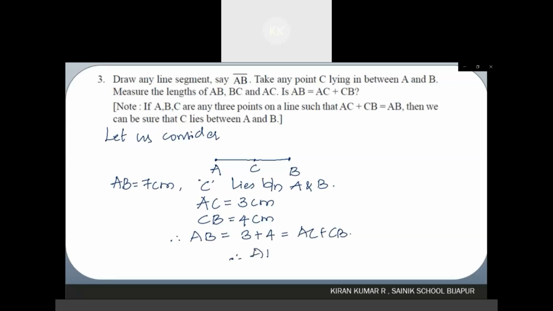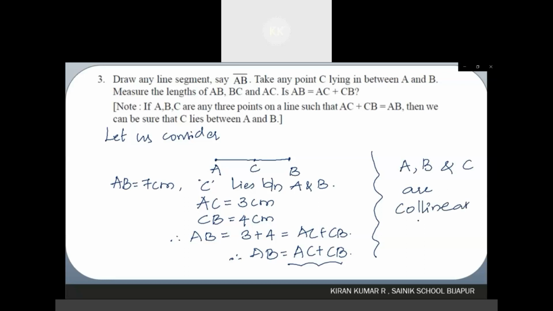Therefore, AB equals AC plus CB. Here, A, B and C are collinear. We call the points collinear if they make a straight line.